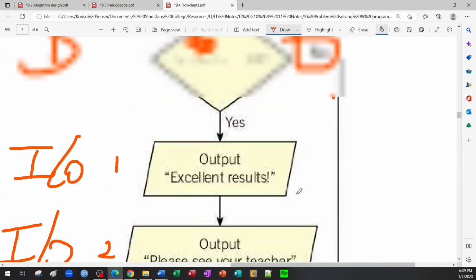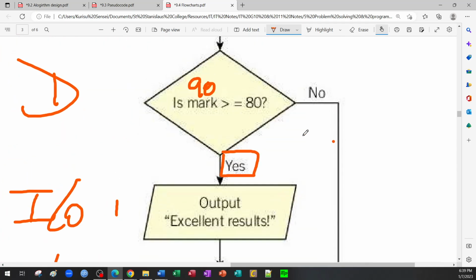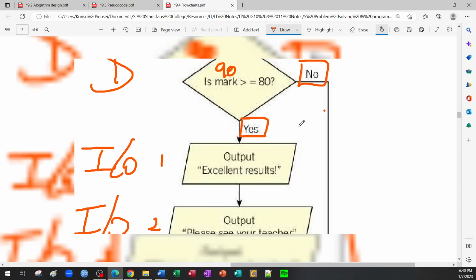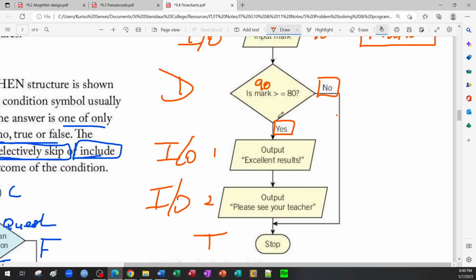This one has yes at the bottom, no on the right-hand side. It depends on what you want to run, which direction you want to go. For instance, you could have put yes here, if you wanted the program to end when it turns yes, and when it turns no to run this here.